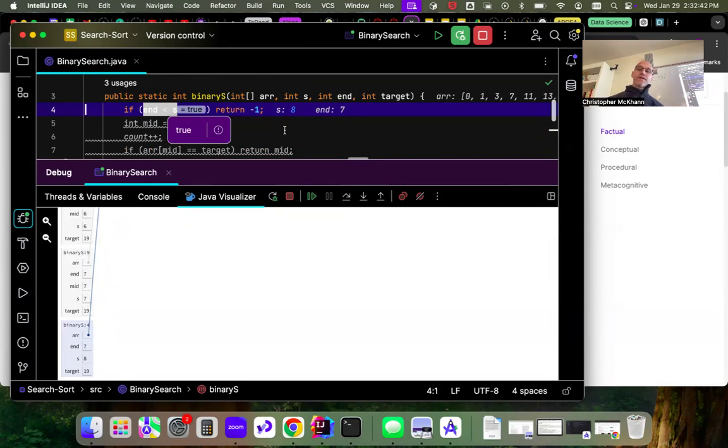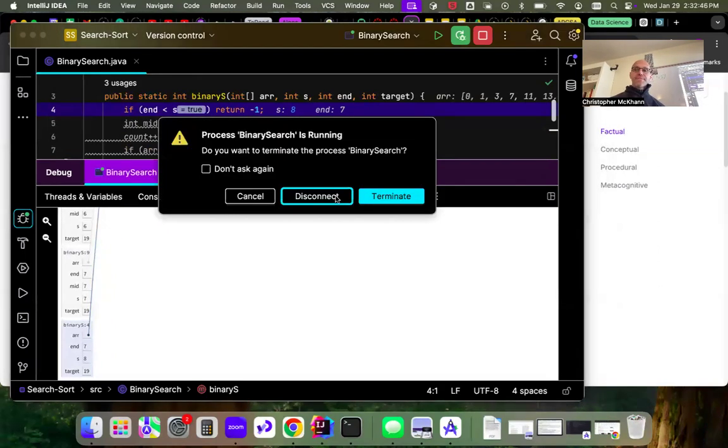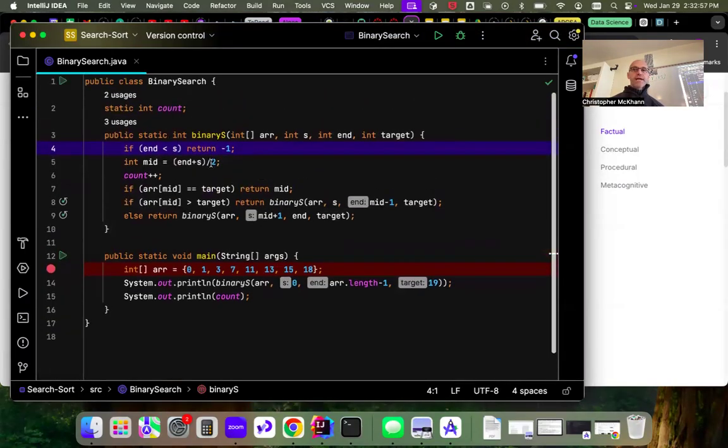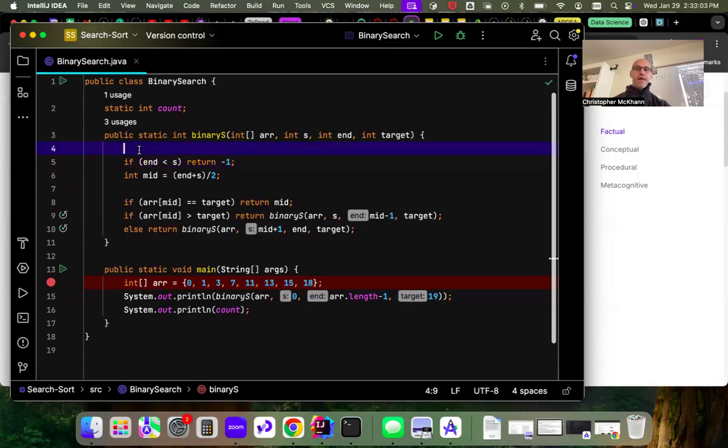This is part of the key in terms of where I put my count. How many times did we actually do the binary part of it? 4, but depending on where you put your count, like if you put your count at the start of this thing, what's going to happen?